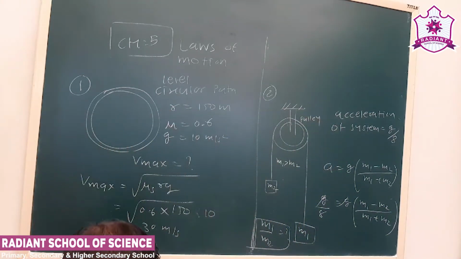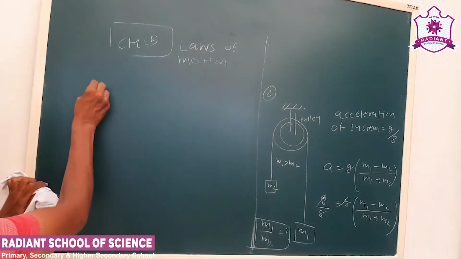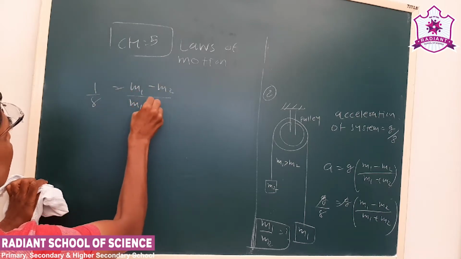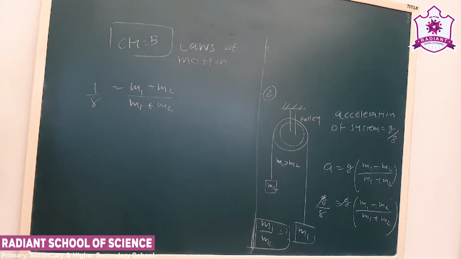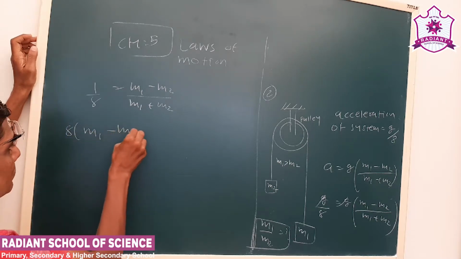Now we can take componendo-dividendo, or simplify by cross multiplication.